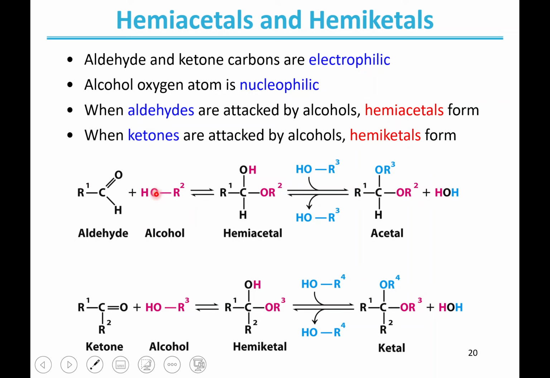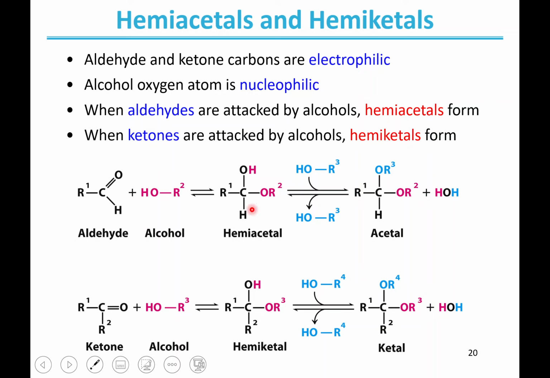Okay, so you can get a nucleophilic attack from this oxygen to that carbon, and when you do, you're going to form this sort of structure. So you have a carbon with an alcohol group on it. It's attached to one R group, one hydrogen, and then an OR group. What would that be? An ether. Right.